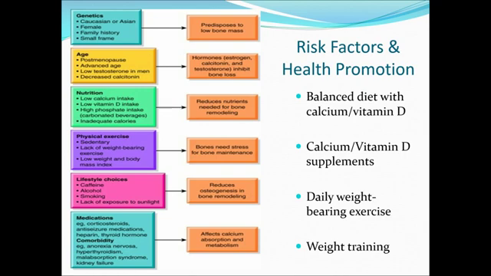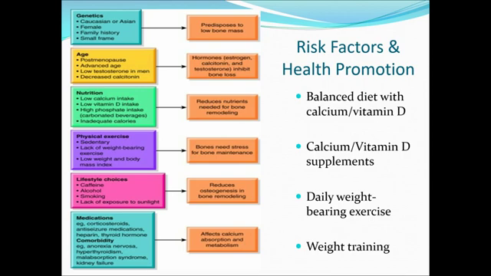And also if you have a small skeletal frame. We know that with age, postmenopausal, your risk goes up. Even for men, as they get older, their testosterone levels go down, and that's going to increase their risk. There's also decreased calcitonin as we age. Those things we can't fix.